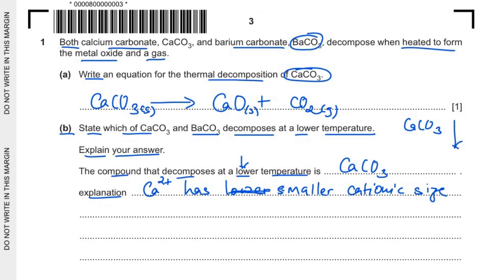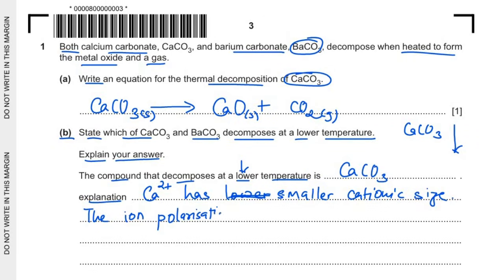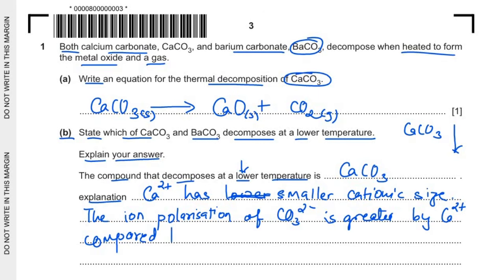Because of that, the polarization of the CO3 2- ion is greater by Ca2+ compared to Ba2+, which has a greater ionic radius.